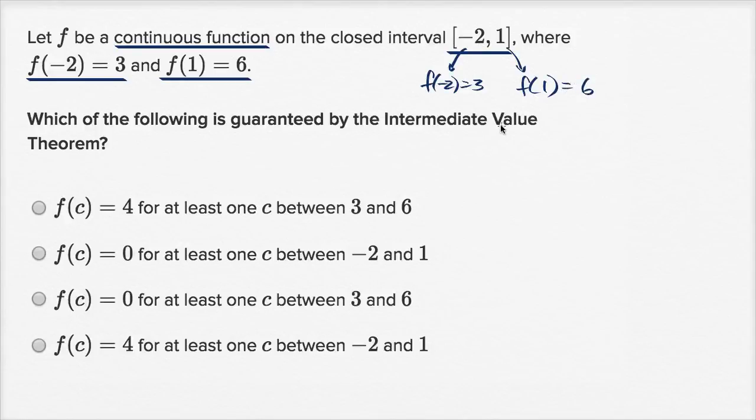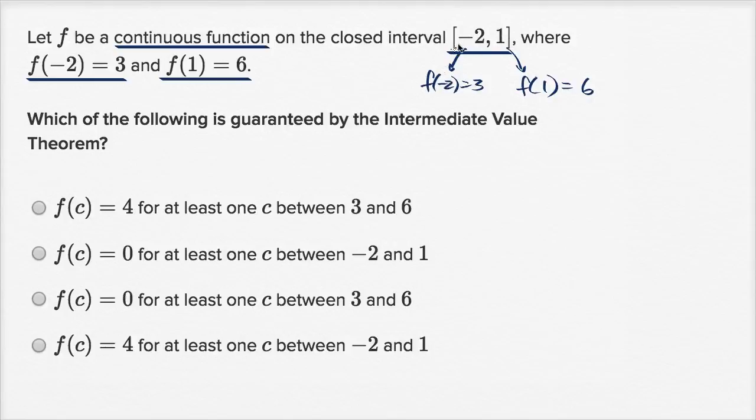And all the intermediate value theorem tells us, and if this is completely unfamiliar to you, I encourage you to watch the video on the intermediate value theorem, is that if we have a continuous function on some closed interval, then the function must take on every value between the values at the endpoints of the interval.